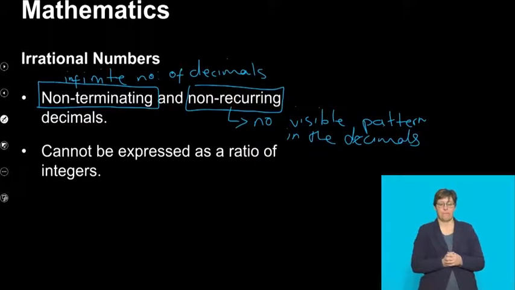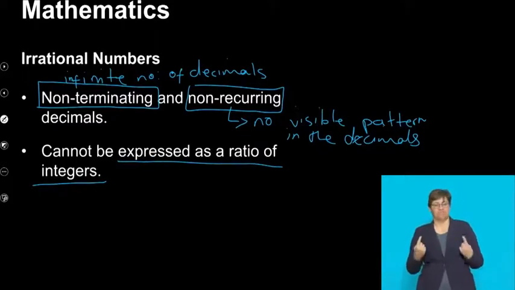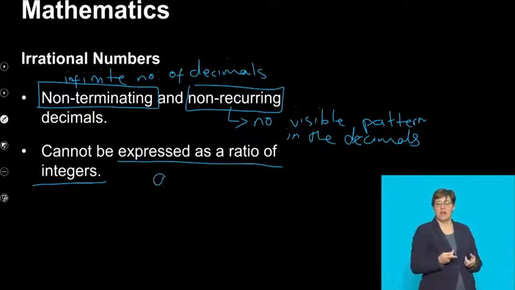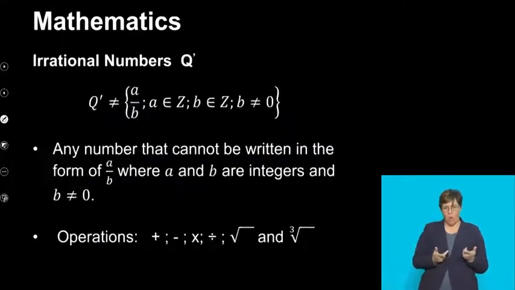These cannot be expressed as a ratio of integers, because you can't get a specific number to say if I divide it by this, it will give me what I want to find. So that's why we cannot say these can be expressed as a ratio of integers, meaning you can't write this as a over b. Why? Because it must be a number that's non-terminating and non-recurring.